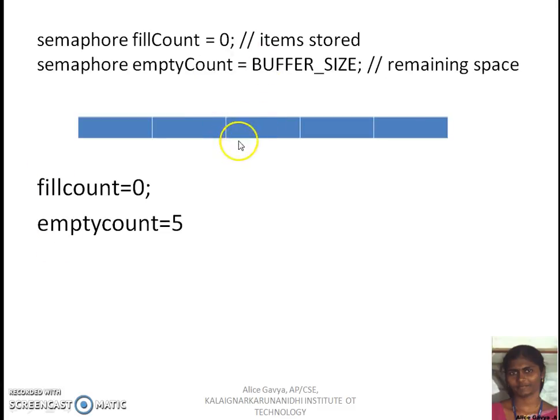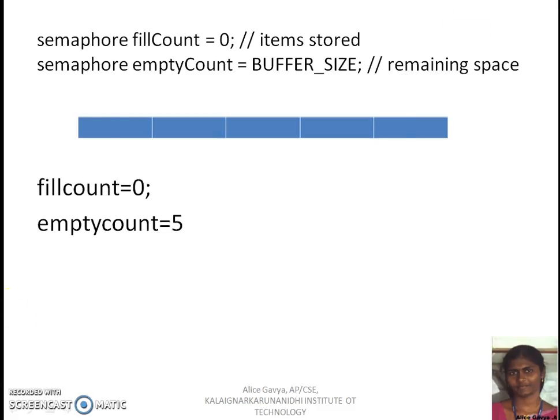In this example, I have a buffer whose size is 5, and it has 5 free slots. Initially my buffer is not loaded with any data, so I have 5 free slots. Fill count refers to the number of items currently present in my buffer.